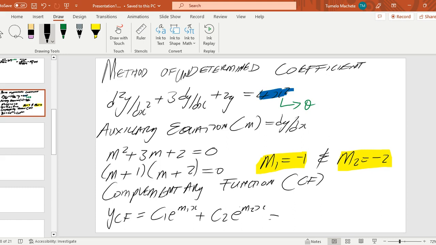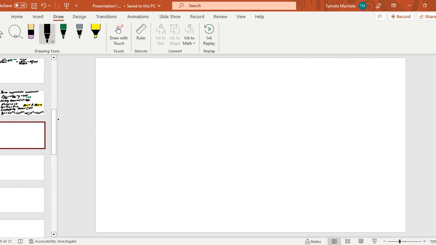Let's replace those values. We get C1 e to the minus x plus C2 e to the minus 2x. So this is your complementary function equation.